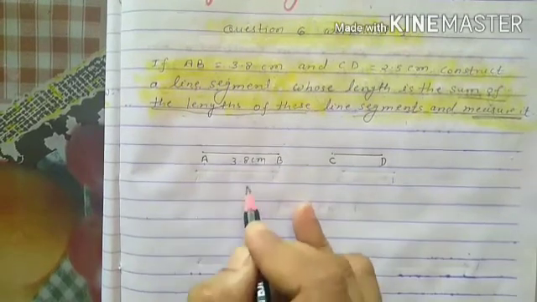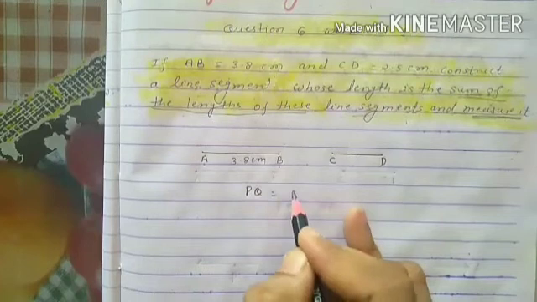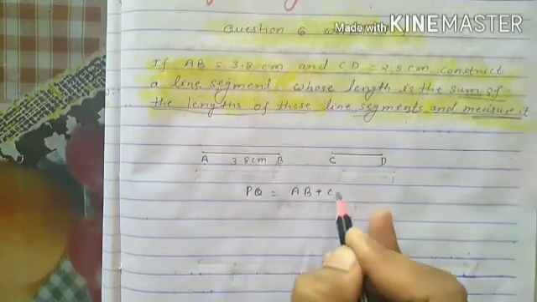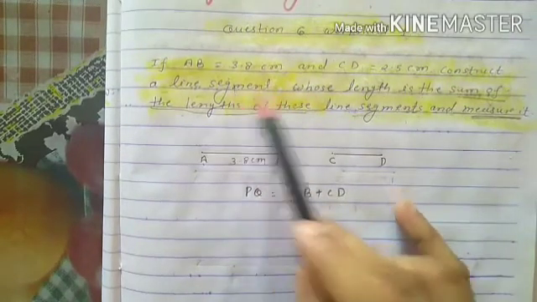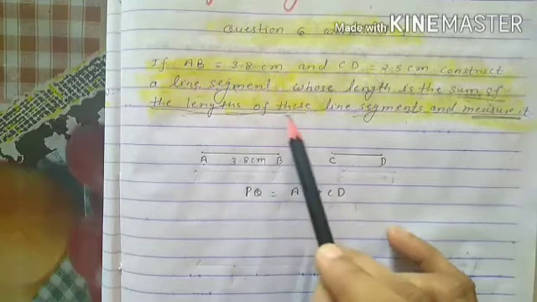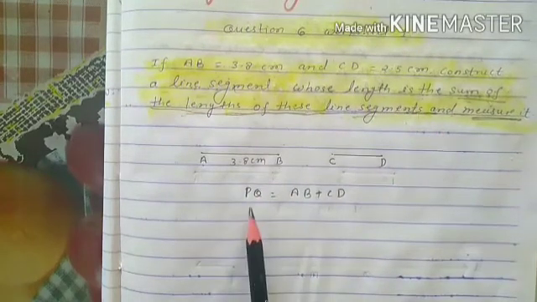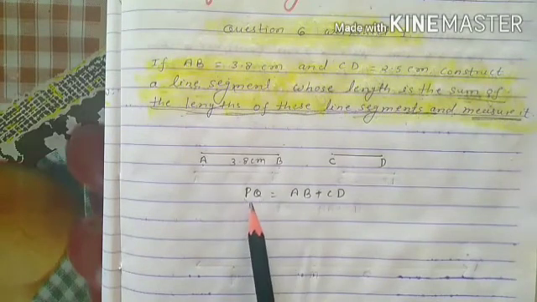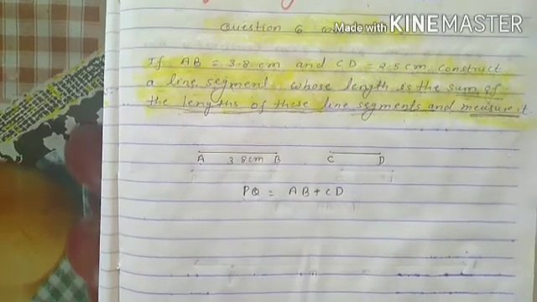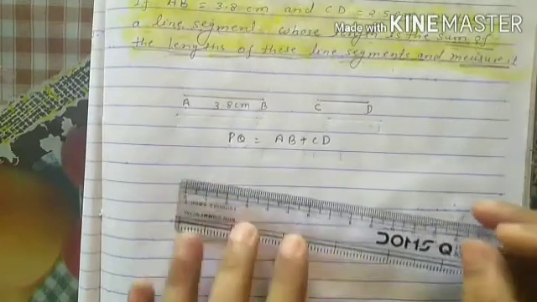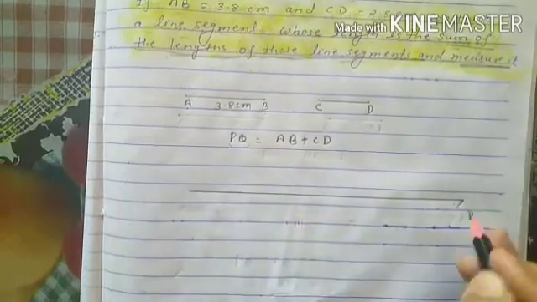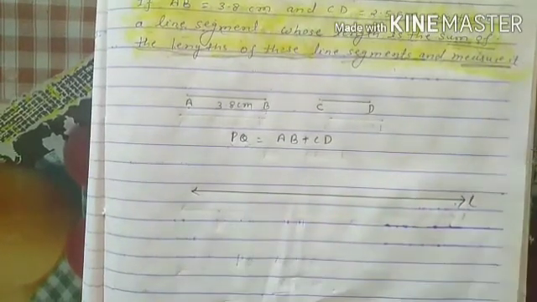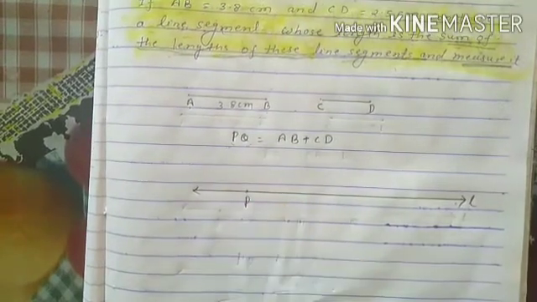So let us construct PQ, which is equal to AB plus CD, because we have to construct a line segment whose length is the sum of the lengths of these line segments. Let the required line segment be PQ. So PQ is equal to AB plus CD. For this, draw a line L and take a point P on it.